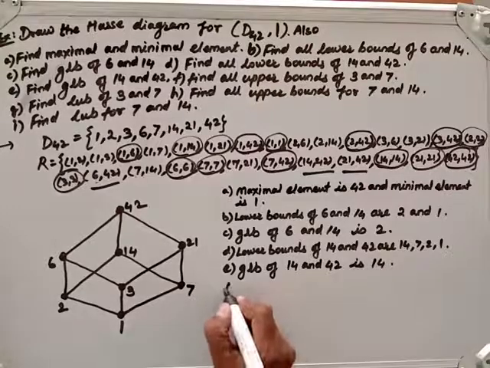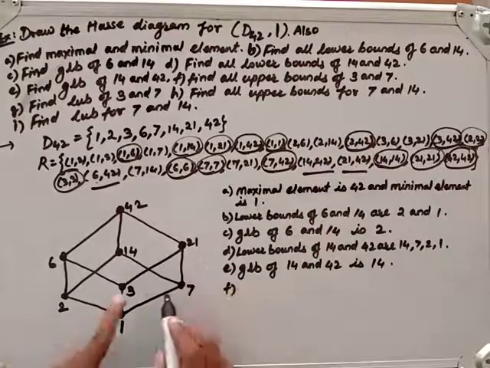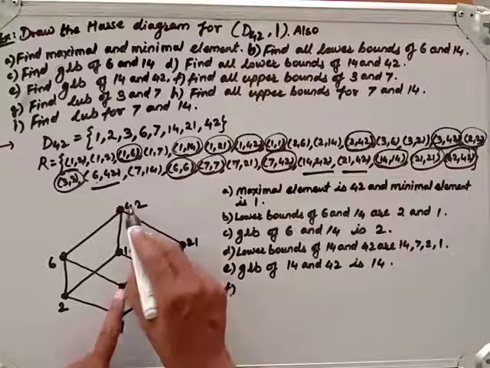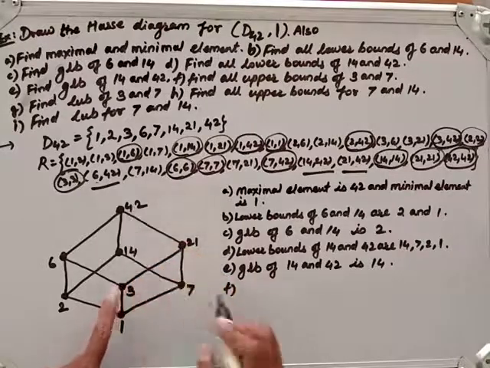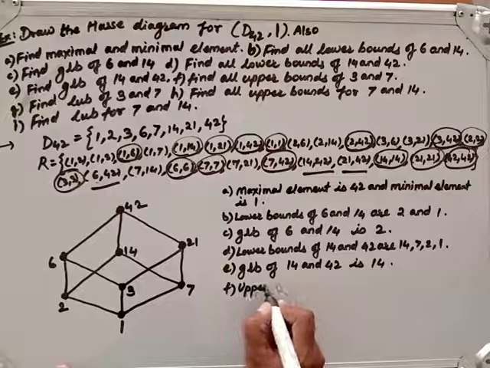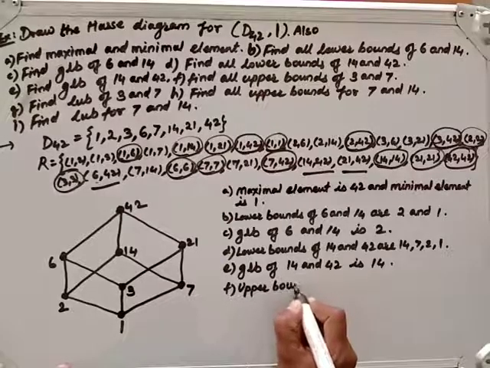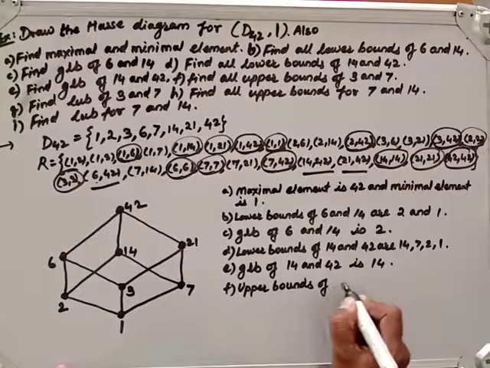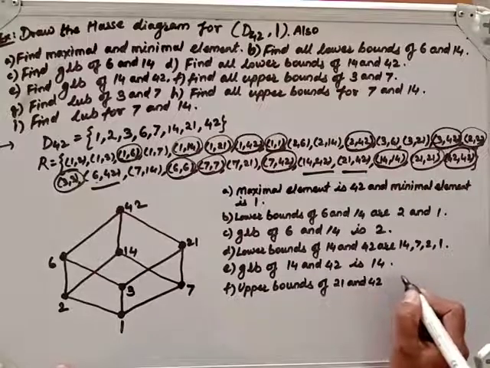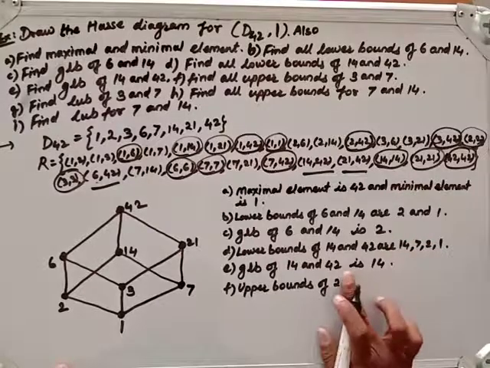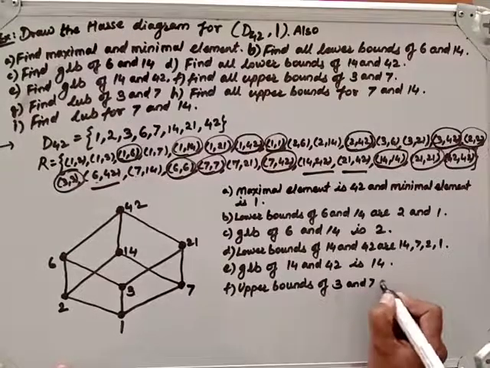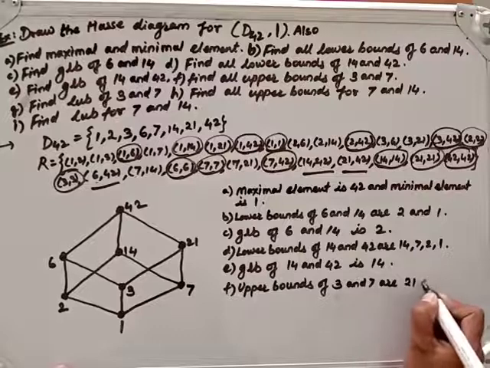Fine. Now next, find all upper bounds of 3 and 7. Upper bounds of them: 21 and 42. Look at them, 21 and 42 only. So the upper bounds of 3 and 7 are 21 and 42.